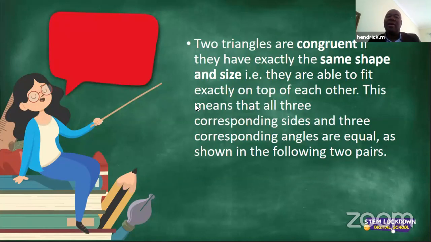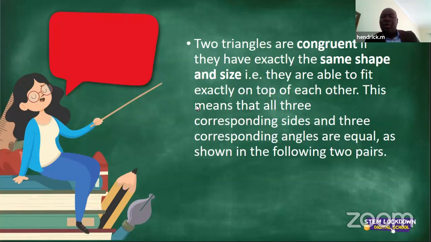You can say two triangles are congruent if they have the same size and the same shape. This means that the one triangle must be able to fit exactly on top of the other triangle, just as your right hand can fit exactly on top of the left hand.